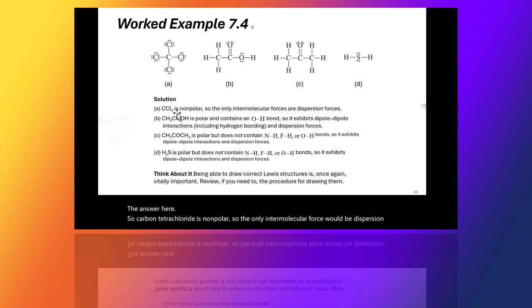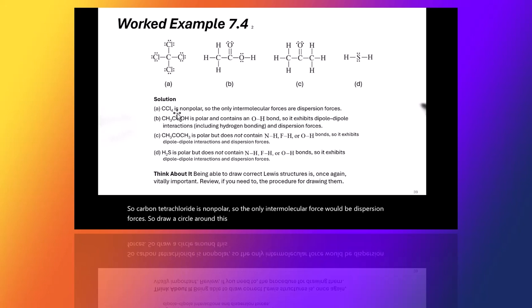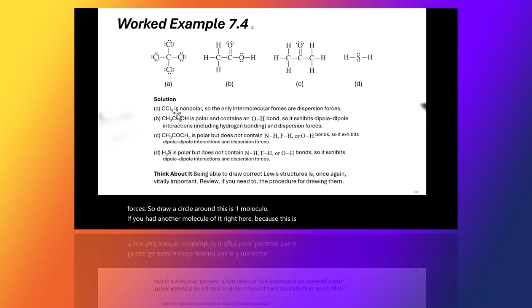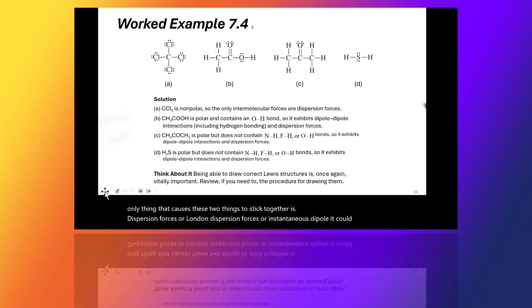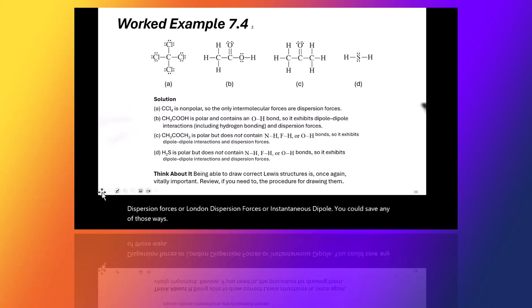So draw a circle around this. This is one molecule. If you had another molecule of it right here, because this is nonpolar and this is nonpolar, the only thing that causes these two things to stick together is dispersion forces, or London dispersion forces, or instantaneous dipole. You could say it any of those ways. Okay, let's look at the next one.